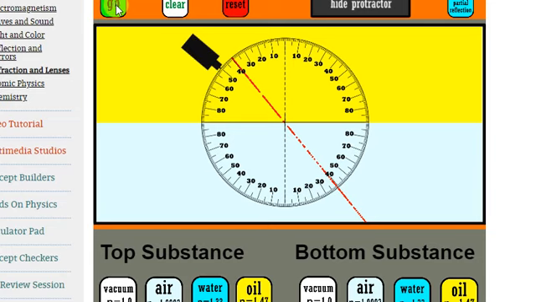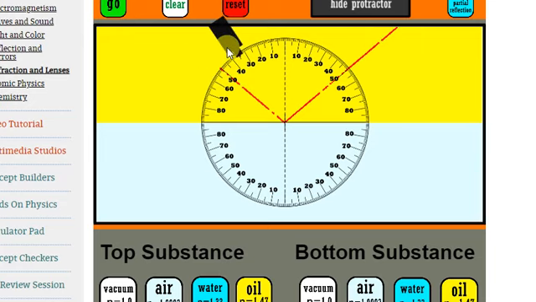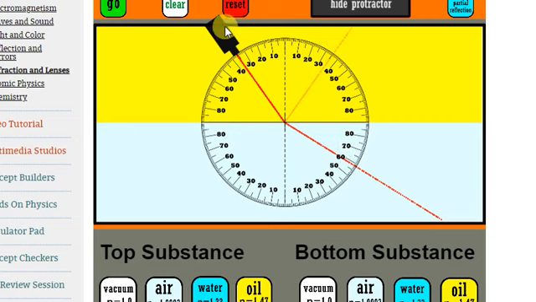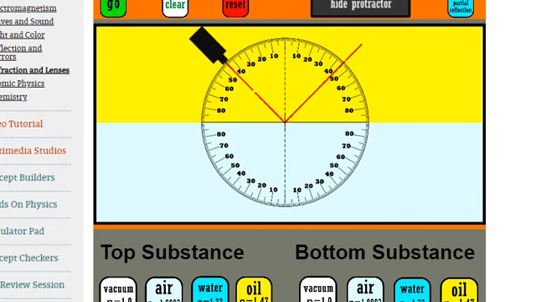It is not giving the result that I wanted. Okay, yeah, it has now shown you that at 35, the angle of refraction was around 60. At 45, it is now totally internally reflected.